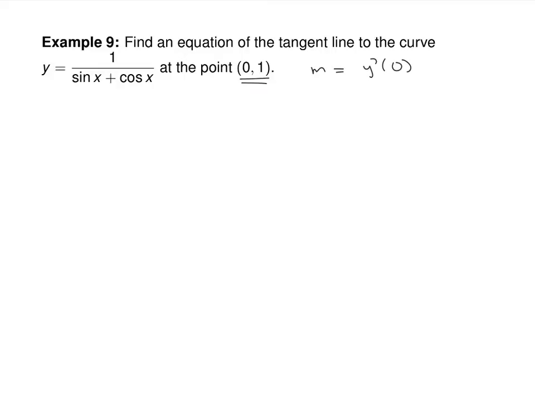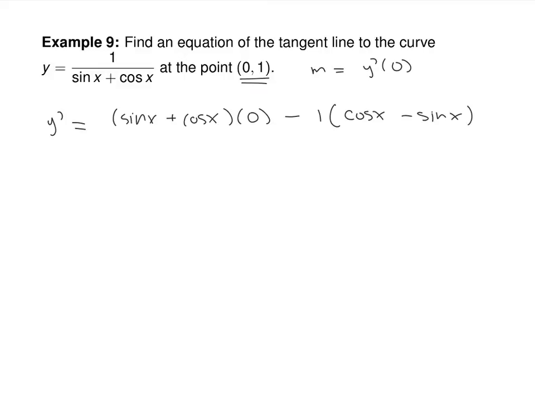Okay. So y prime is, so quotient rule, this, low. What's the derivative of the high function? 0. Low d high minus high d low. Derivative of the lower function is cosine x minus sine x.